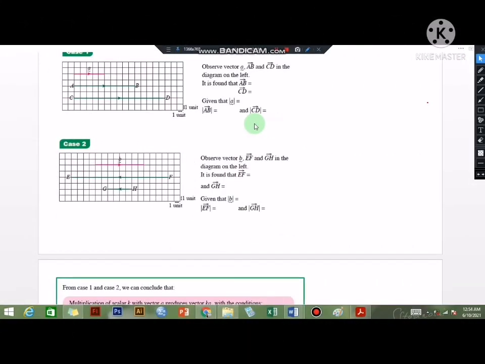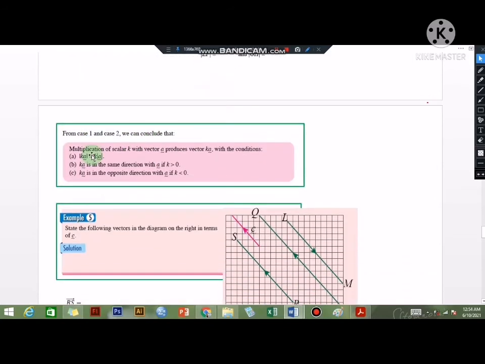Okay class, based on case 1 and case 2, we can conclude that multiplication of scalar k with vector A produces a vector kA, with these conditions. One: the magnitude of kA is equal to k times the magnitude of A. Two: kA is in the same direction as A if k is greater than 0.